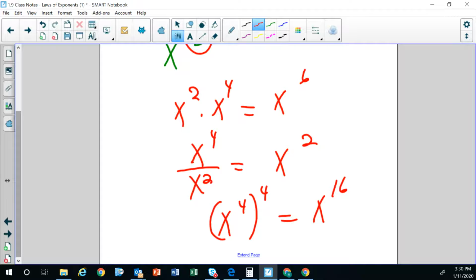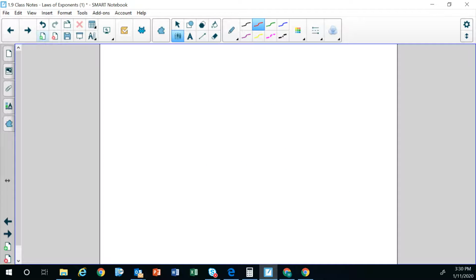So let's look at a couple of examples. Let's suppose we have x to the 1/2 times x to the 3/4. Here we're going to add the exponents, so I'm going to add 1/2 plus 3/4.